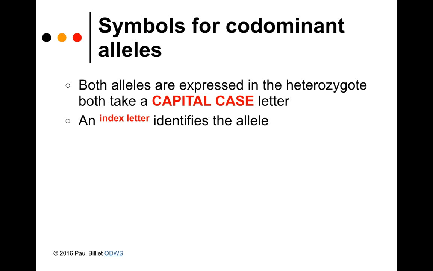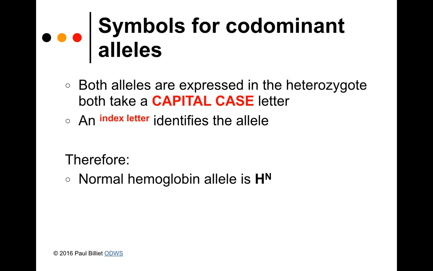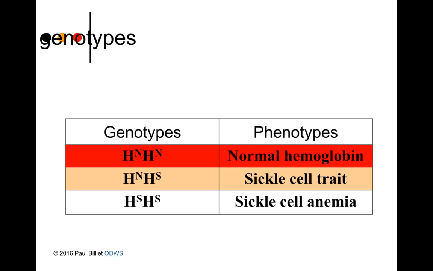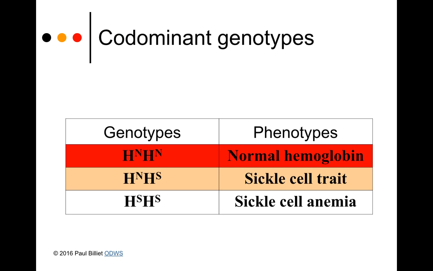We already talked about using the capital letter and the superscript to identify the alleles. Normal hemoglobin we'd identify as H superscript N, and sickled hemoglobin is H superscript S. Someone who has normal hemoglobin would have two H's with superscript N's.